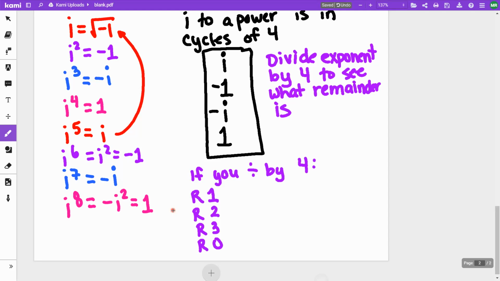What's going to happen is you're going to be at i, you're going to be at -1, you're going to be at -i, you're going to be at 1.